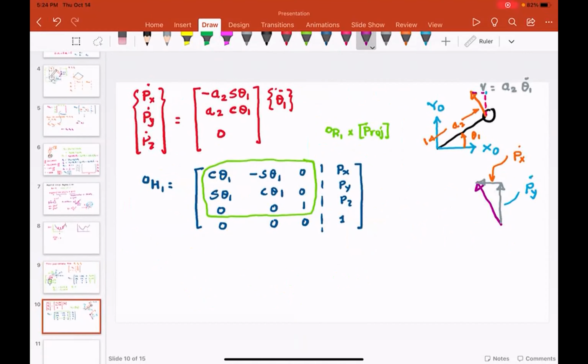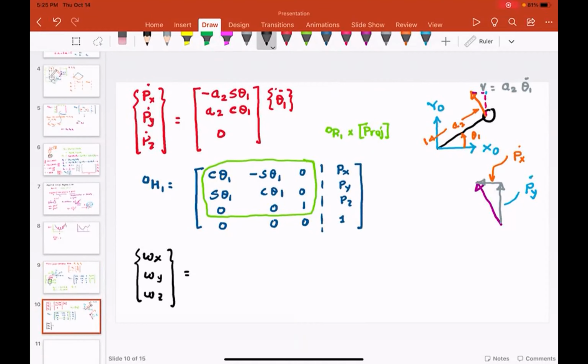Now, the next problem that I want to state here, and I want you to remember this very, very carefully. I want to find out omega x, omega y, and omega z. What are these? Those are the angular velocities of the end effector.